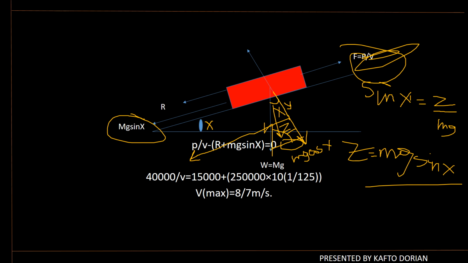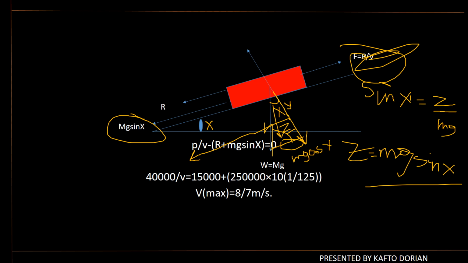Because the question says in B2 that the maximum speed of the train up, so the maximum speed is included in the equation, so the acceleration will be equal to 0. So you have 40,000 on Vmax equals to 15,000, assigned this way from positive to negative, plus m the mass, g 10.